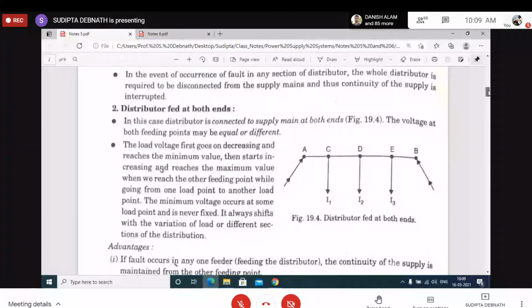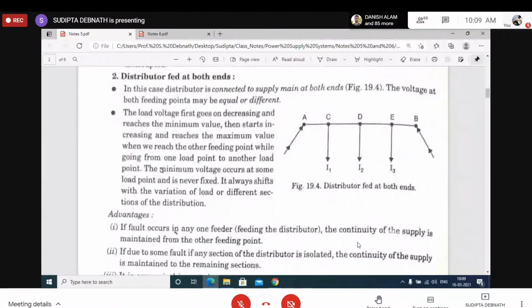In this type of distributor, you will find that the distributor is fed at the two ends, this end and this end. Sometimes the voltages at the two ends are maintained at the same level, say V, and sometimes the voltages at the two feeding points are different.